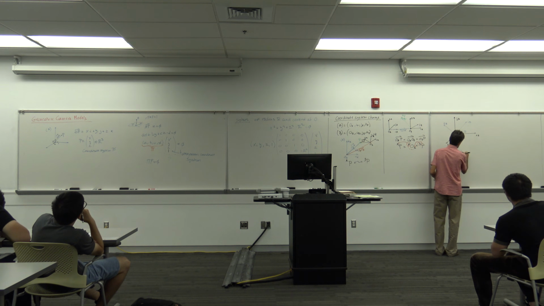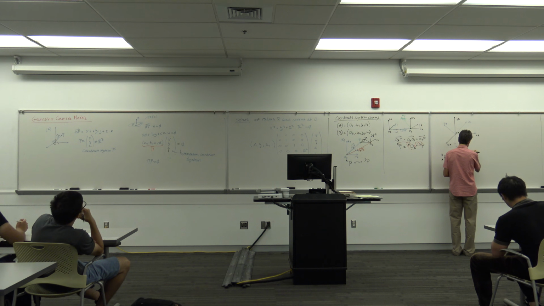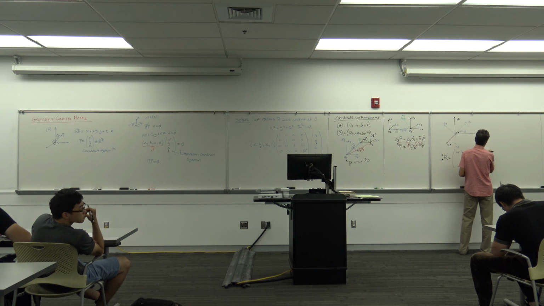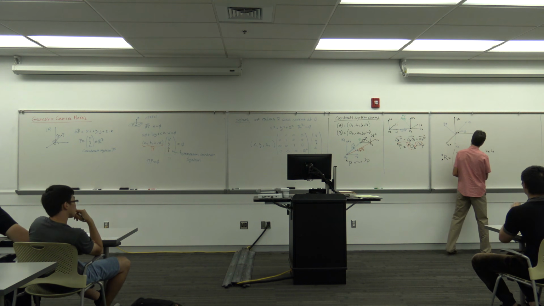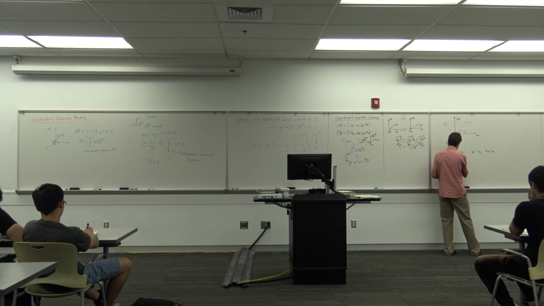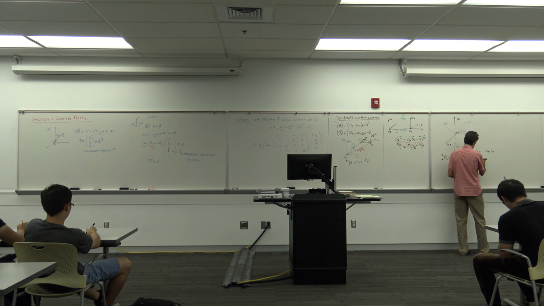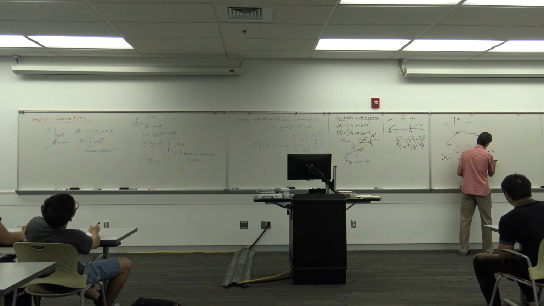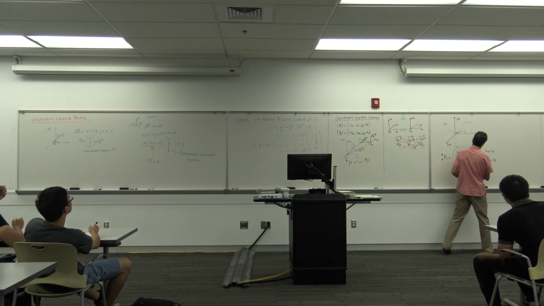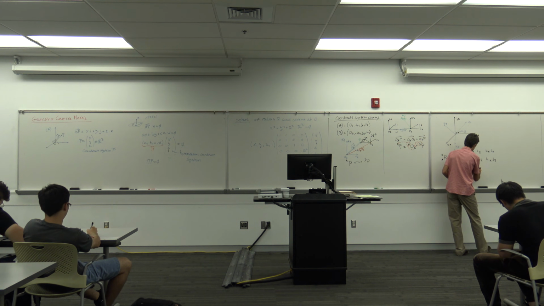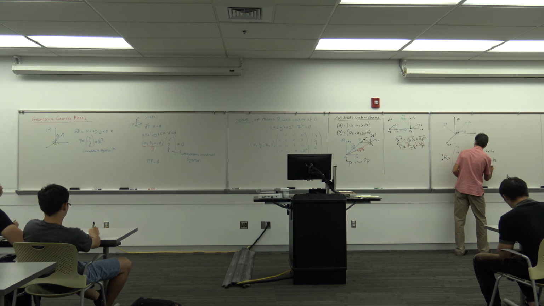IA onto IB, JA onto IB, and KA onto IB, and IA onto JB, and then JA onto JB, and KA onto JB, and finally IA onto KB, JA onto KB and KA onto KB.